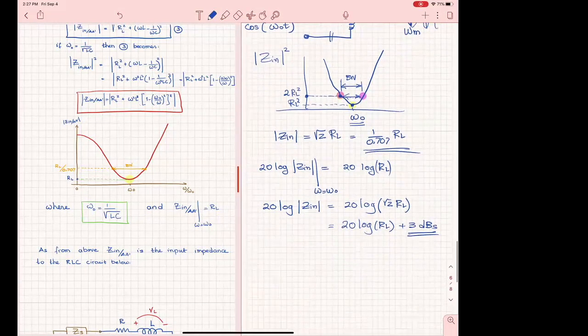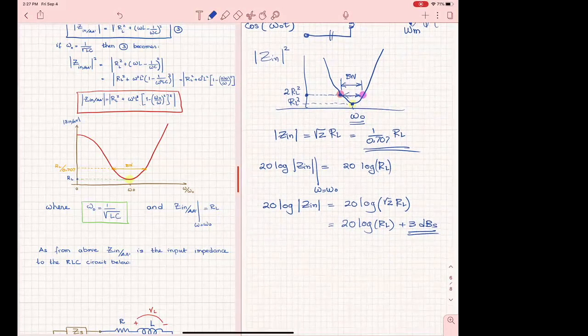So for example, that tells you that when you go 3 dBs away from the resonant frequency of this resonator, that's where you define the two endpoints for the bandwidth. This is the low 3 dB frequency, omega 1, and this is omega 2.